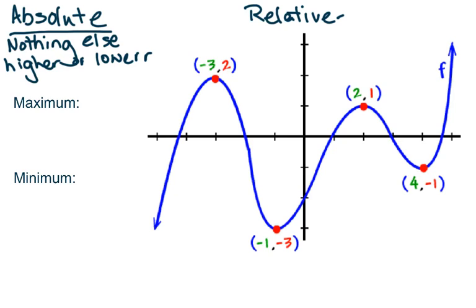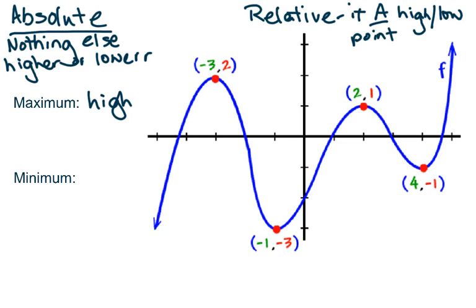Relative means it's a high point or low point, but there could be other high and low points, all right? So our maximums are high points. Now, when we are talking about maximums and minimums, we have to have a turn.